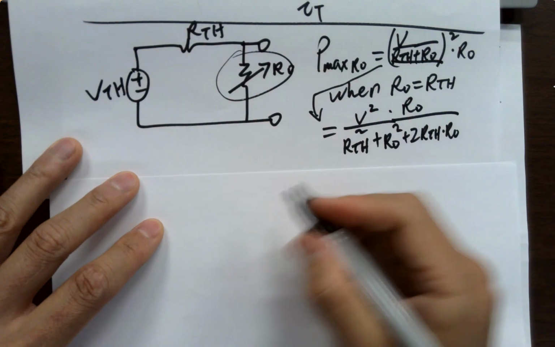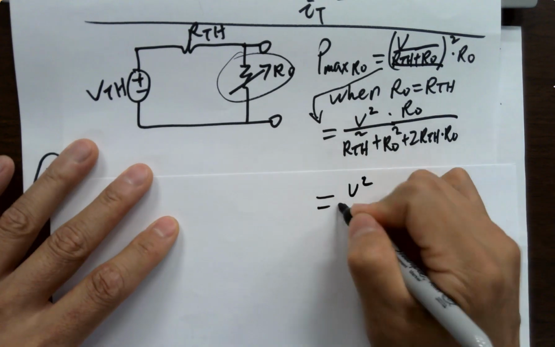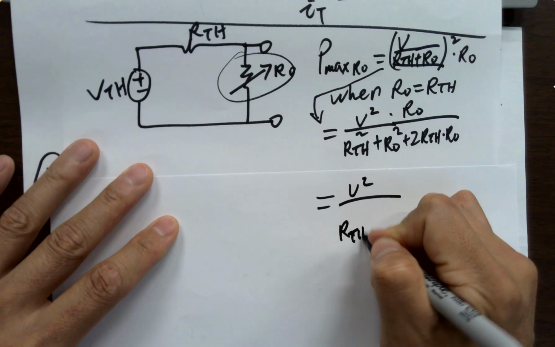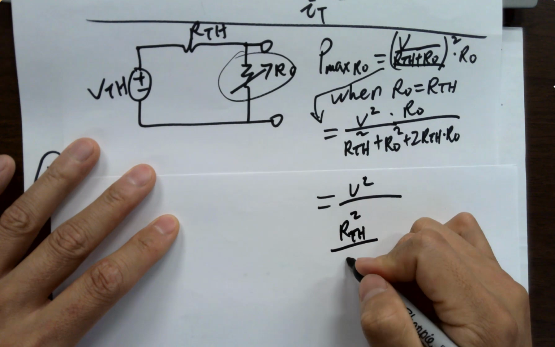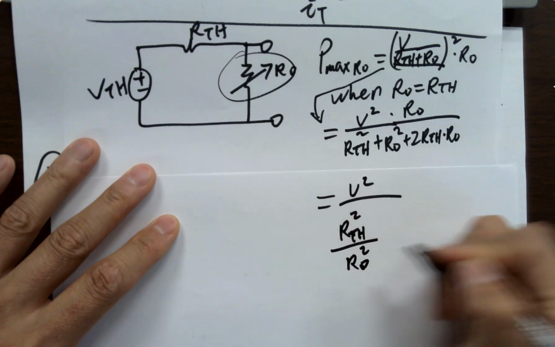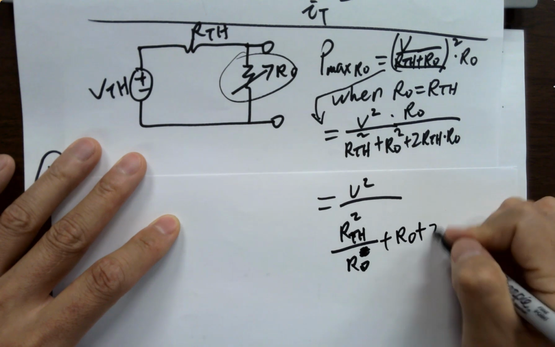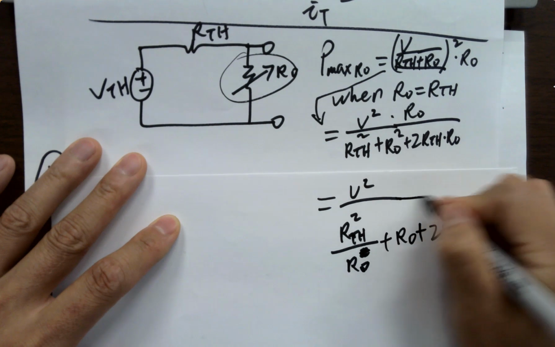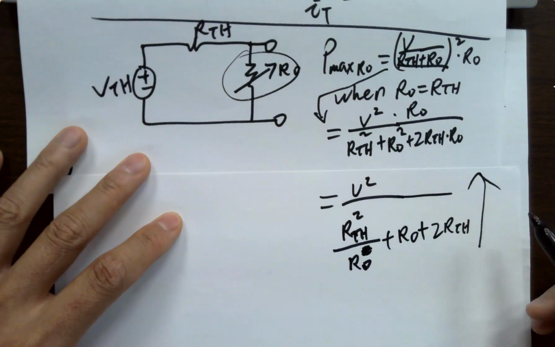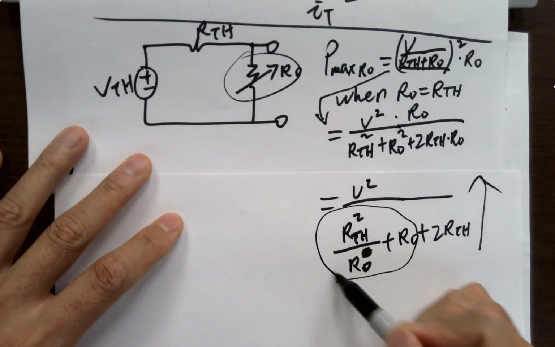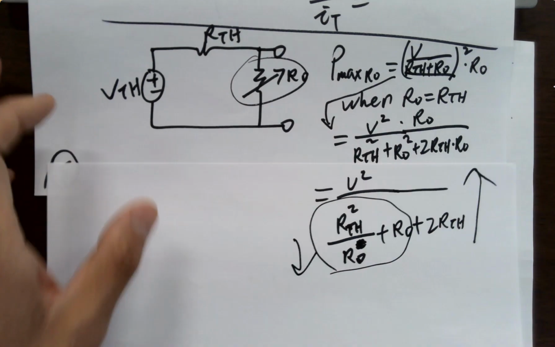Divided by RO on both sides, top and bottom, you're getting V squared over RTH squared over RO plus RO plus 2 RTH. If you want this to be max, these two with the variables should be the minimum, right?